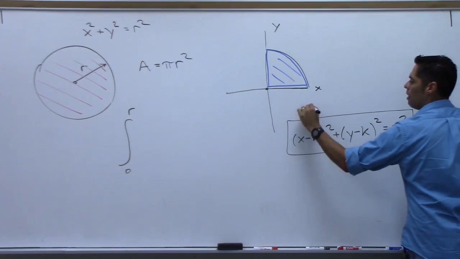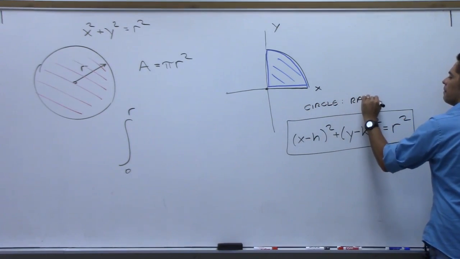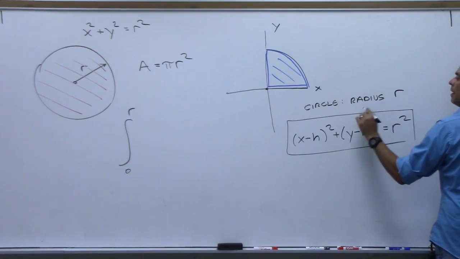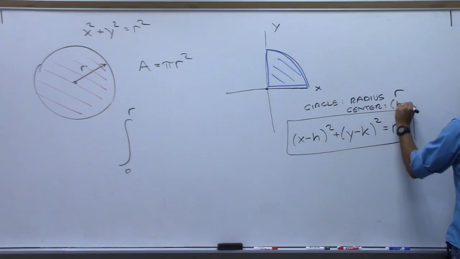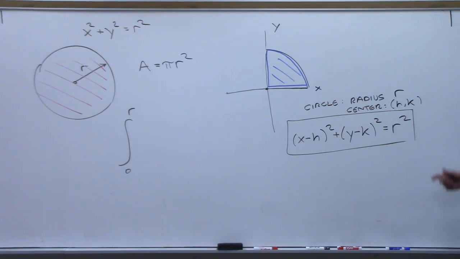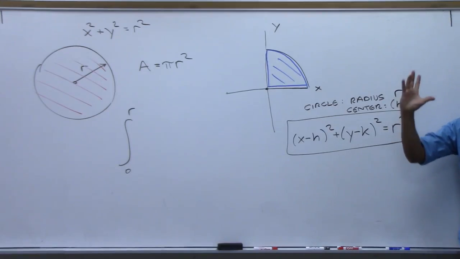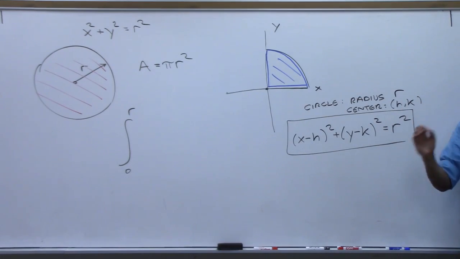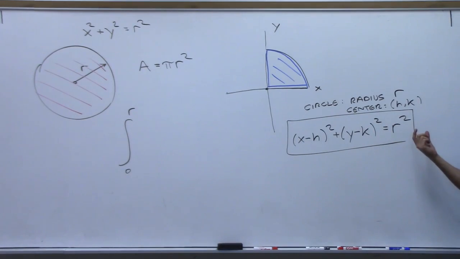This is a circle with radius r and center (h, k). So of course, if we're going to want to orient this circle in the center of our grid right at 0, 0, then h and k are 0, and it becomes x squared plus y squared equals r squared. This is the one everyone should remember. That's just one special case.